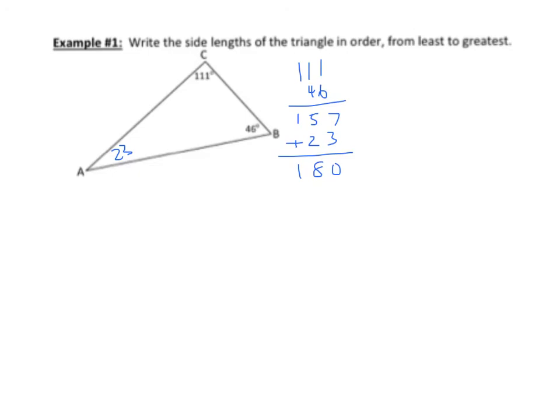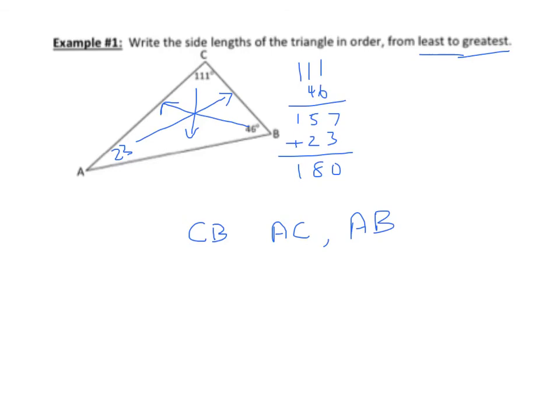So in terms of writing the lengths in order from least to greatest, the smallest side is opposite the smallest angle. The largest side is opposite the largest angle, and the medium is opposite the medium. So it looks like CB is the shortest side length, followed by the medium side length, which is going to be AC, followed by the largest one, which would be AB.